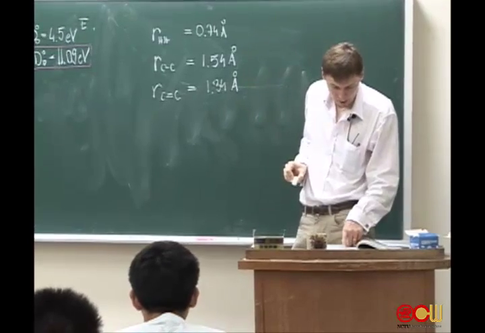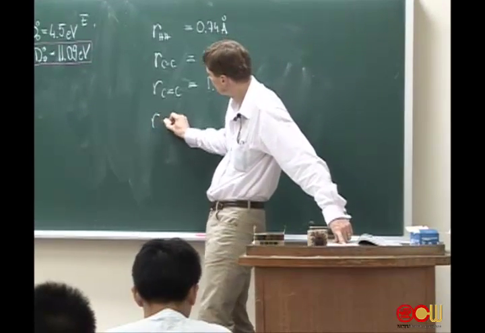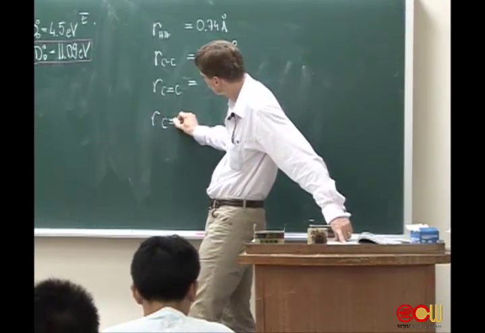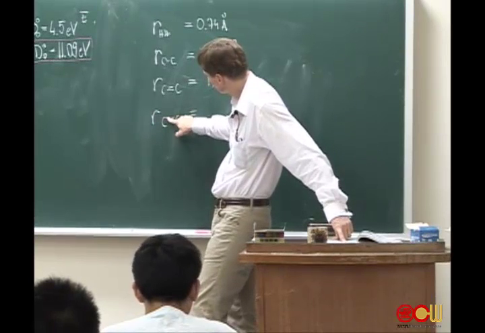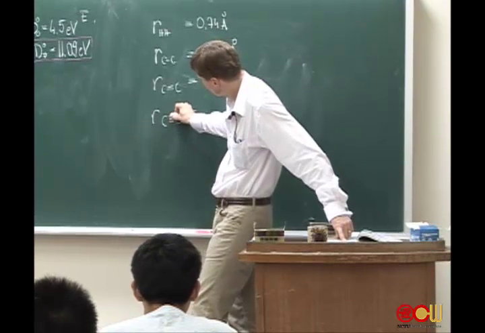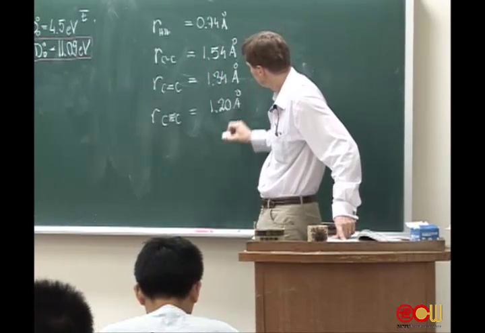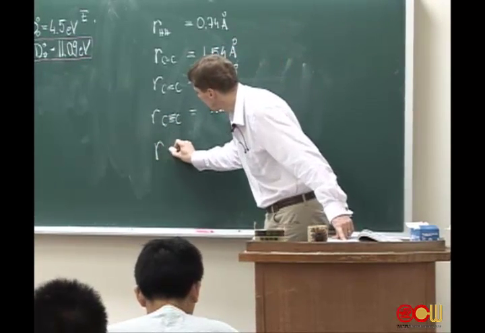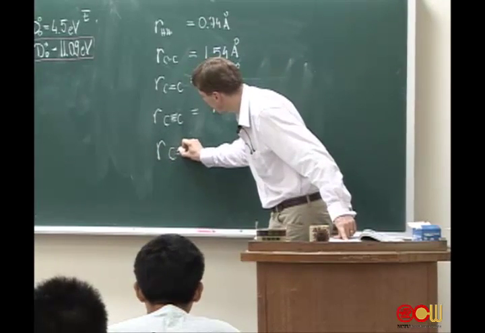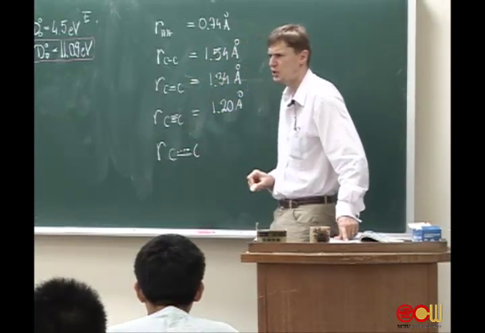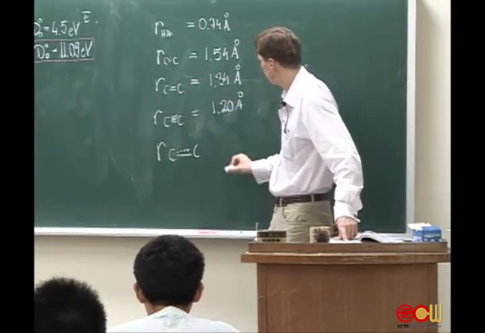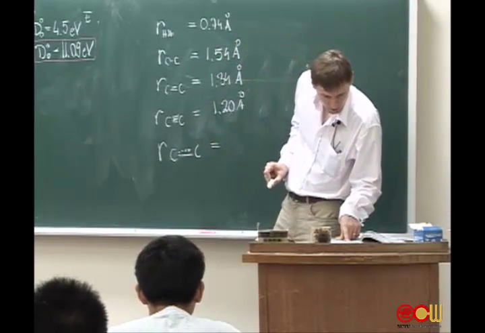And carbon-carbon triple bond is 1.20. And carbon-carbon 1.5 bond, you can ask me what is 1.5 bond, and I will explain in a moment, is 1.39.